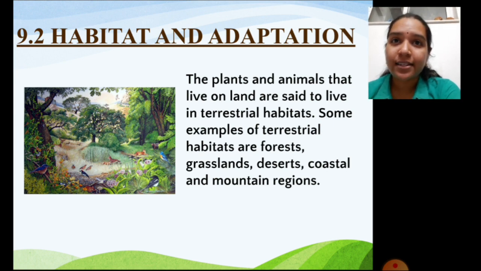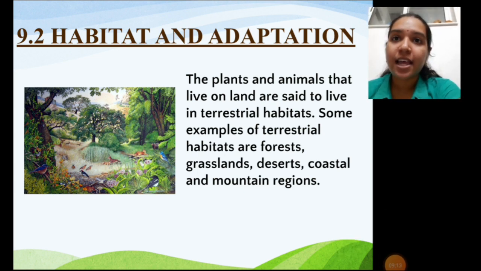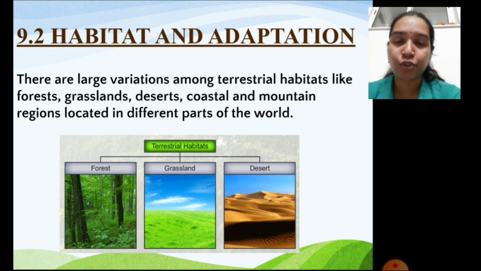Those living organisms that live on land are said to be living in terrestrial habitats. Examples of terrestrial habitats are forests, grasslands, deserts, coastal and mountain regions. These terrestrial habitats also show large variations, and all these terrestrial habitats are usually located in different parts of the world.